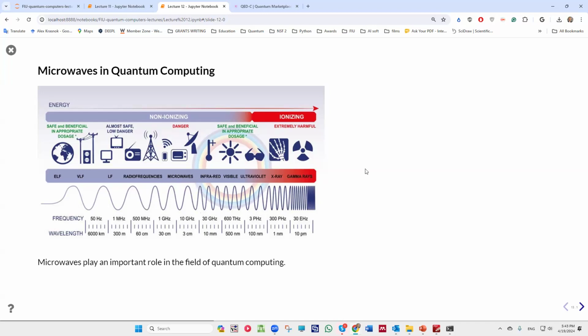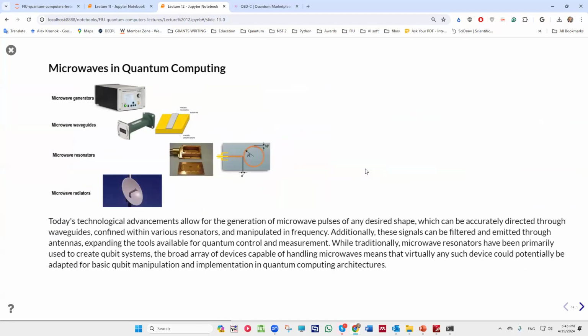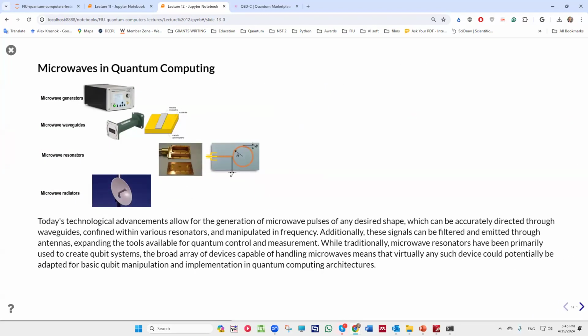And microwaves are very developed. After the Second World War, when the army used microwaves for radar technology and for communications, microwaves developed and have been developing into an extremely useful area of technique, right?